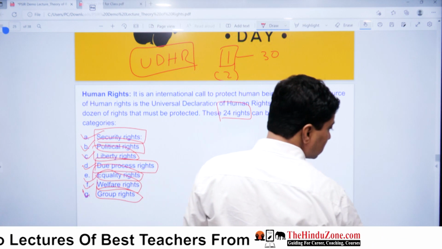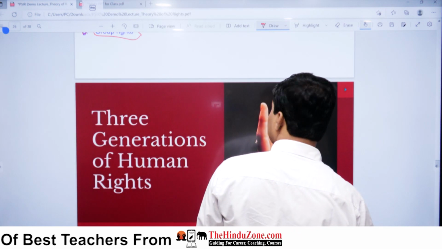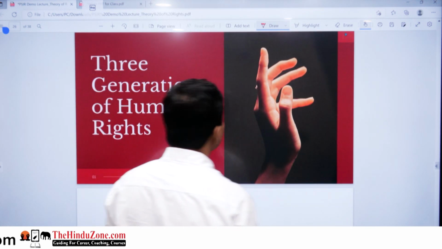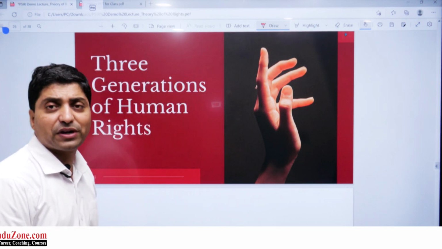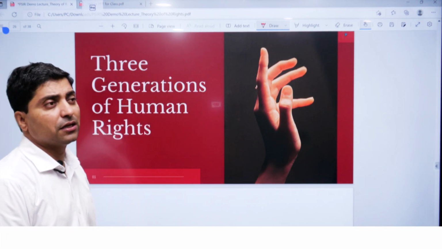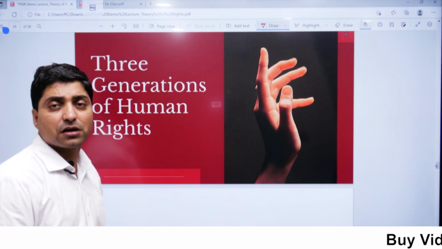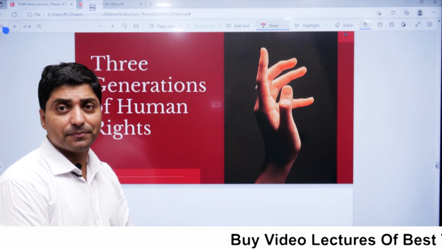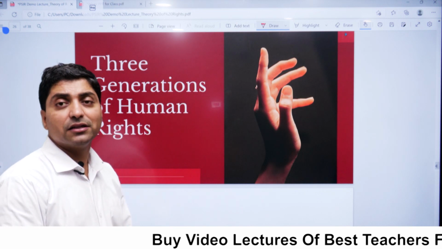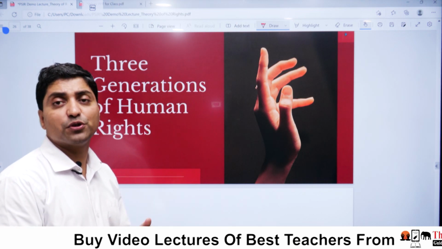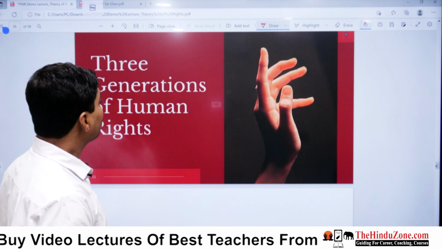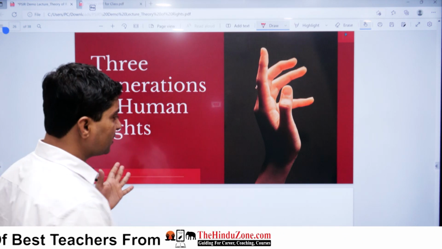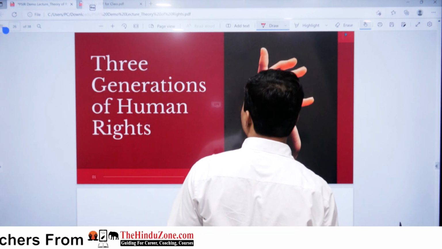Now if you look at the 3 generations of human rights, the concept was given by Karl Vasak, a great jurist from Czechoslovakia. What are the 3 generations of human rights? I have already explained, we just need to understand.